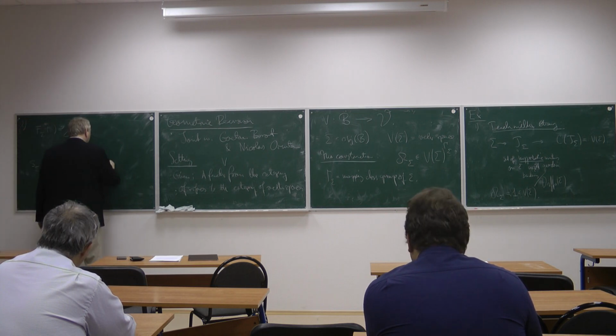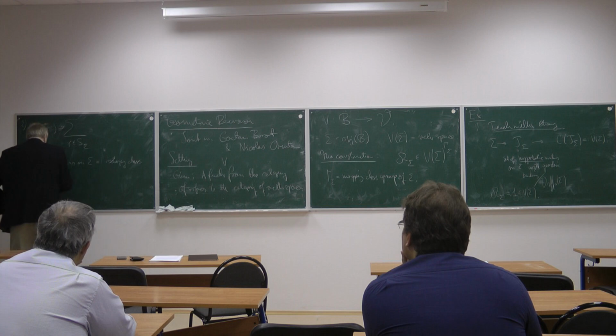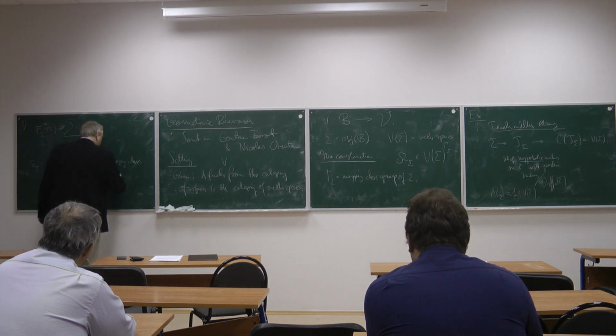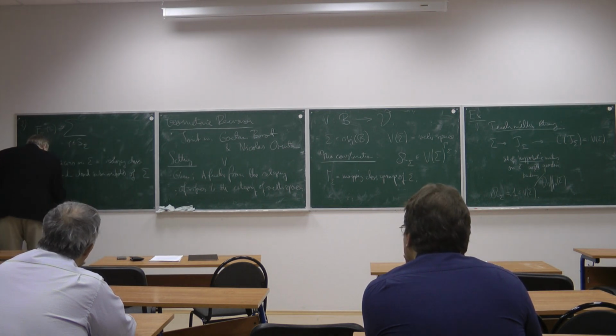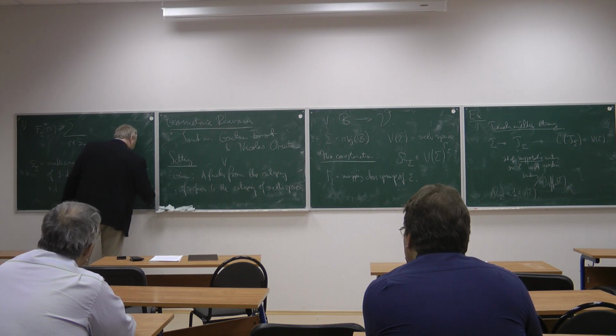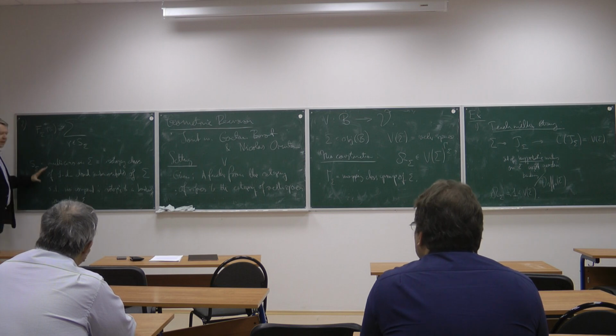What this means is isotopy classes of one-dimensional closed submanifolds of sigma, such that no component is isotopic to a boundary component of sigma. So that's the set of multicurves.